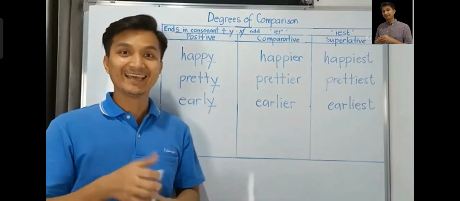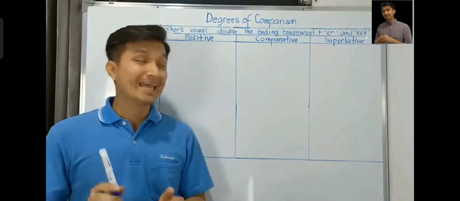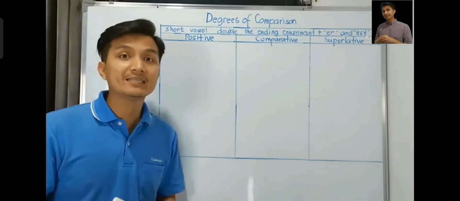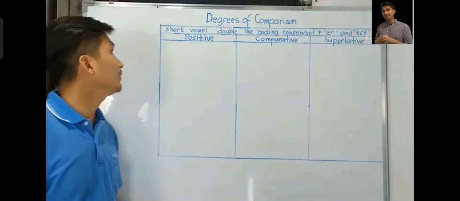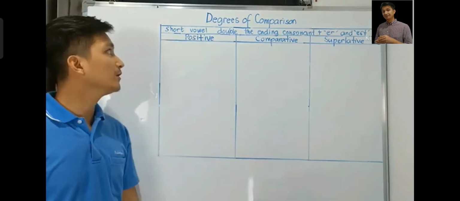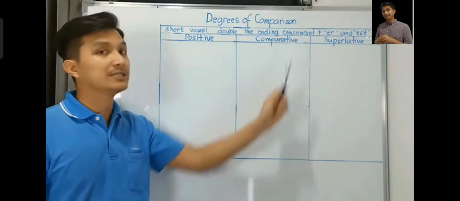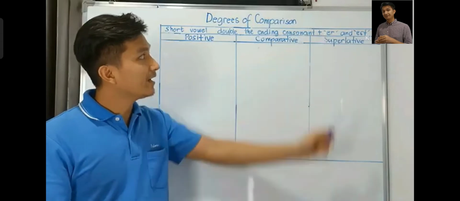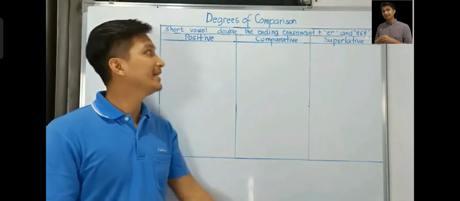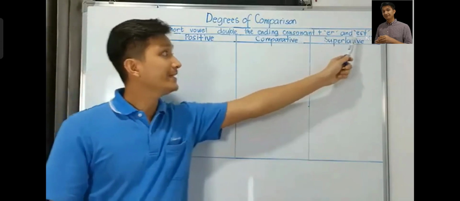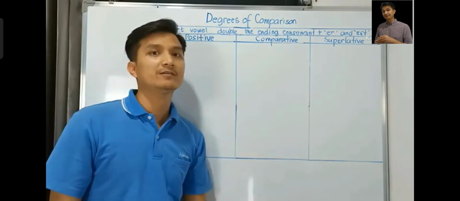Okay? Easy? Rule number 4: when the positive has one syllable or a short vowel, double the ending consonant, and add ER and EST. ER for comparative, EST for superlative.